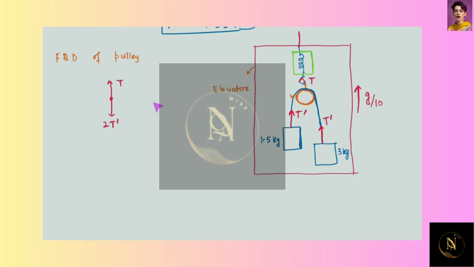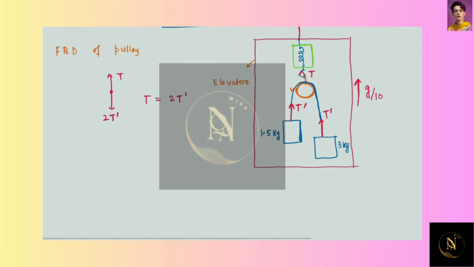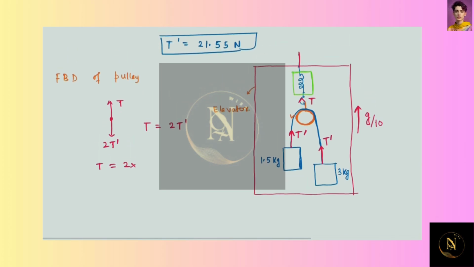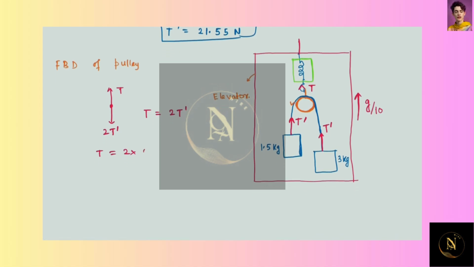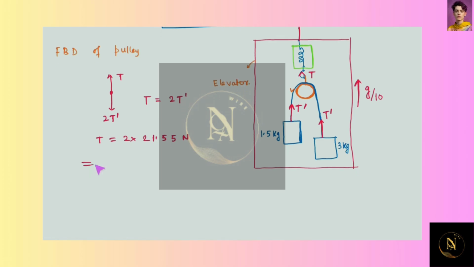So then we can just write that T is equal to 2 T prime. So we will get T equals 2 times 21.55 Newton. This will give me T equals 43.5 Newton.